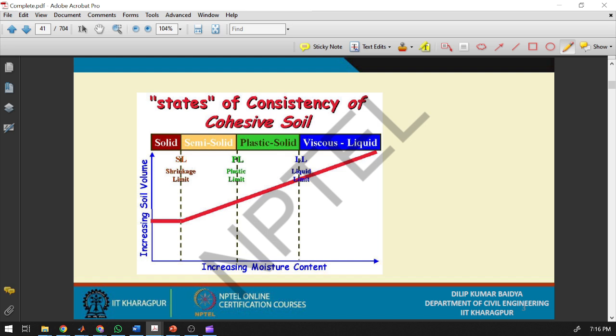Below this, the water is only present in the voids, and the shape of the material is actually determined by the pore structure of the soil, not the water. So as you go on decreasing, you will get a constant volume.